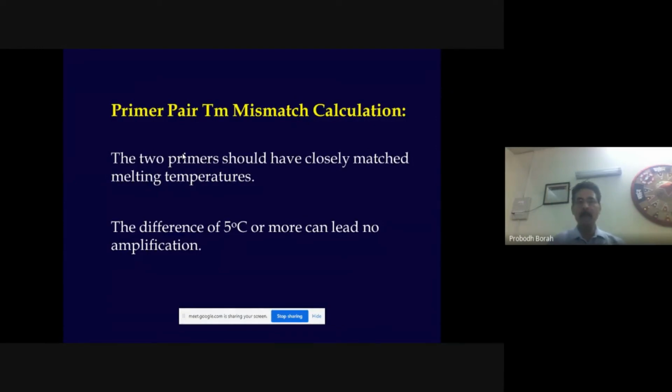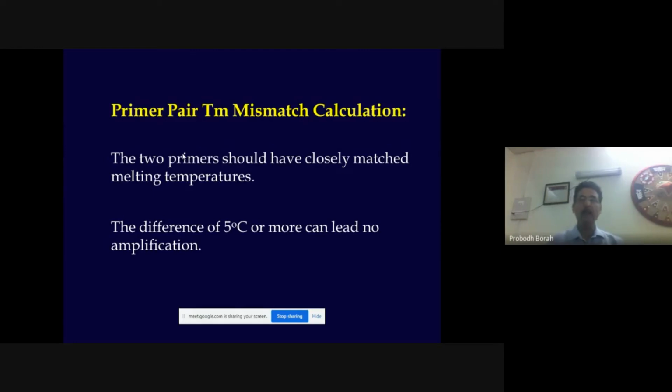If we consider the lower temperature, if it is 48, then the annealing temperature will be counted from say around 45. But for the other primer, where the TM value is 60, the optimum annealing temperature should have been around 55 maximum.